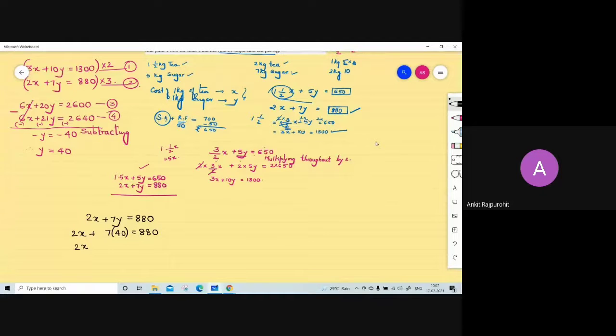Yes, teacher, I got it. You got the answer? What is the answer that you got, Ankit? Yes, teacher. The y value is 40 and the x value is 260.